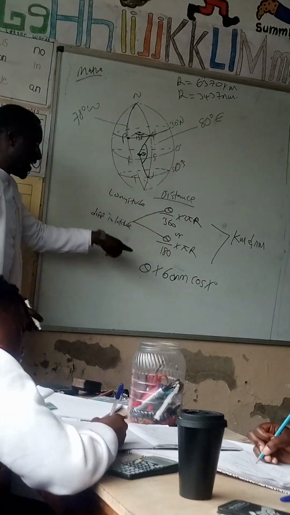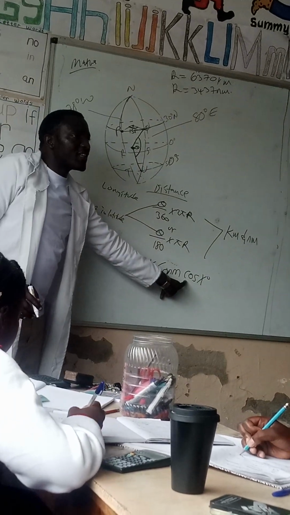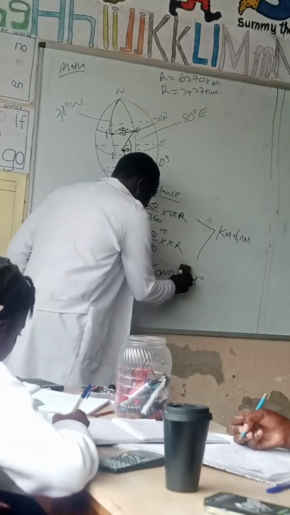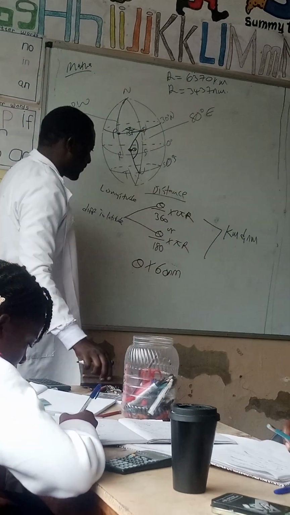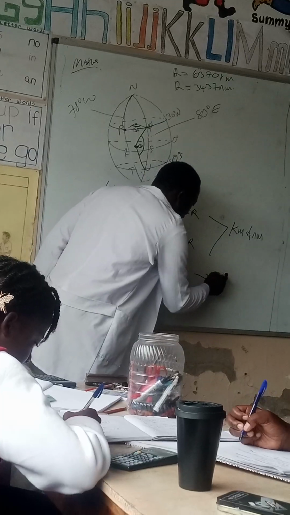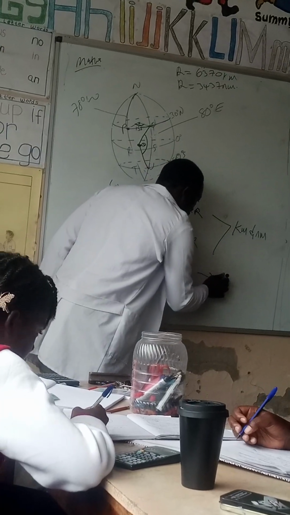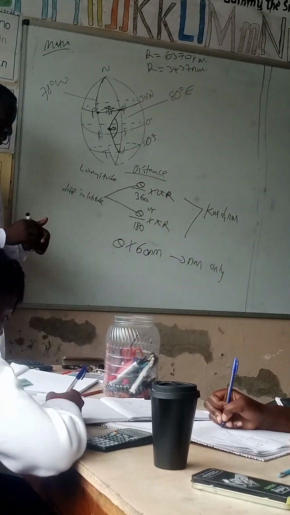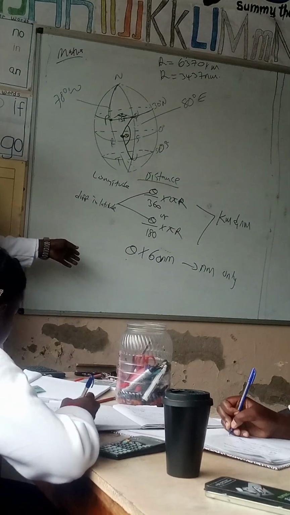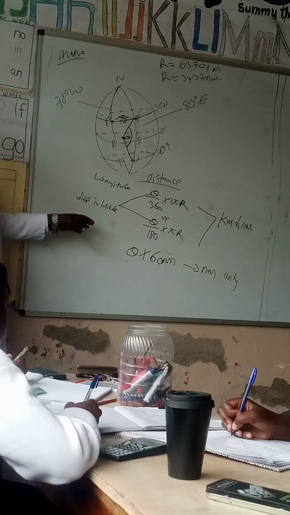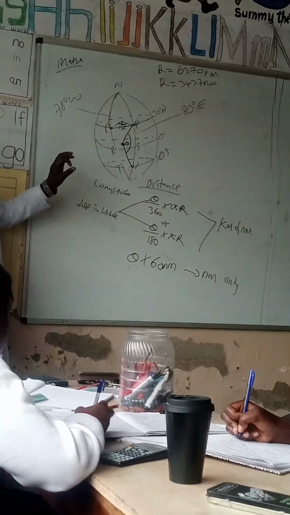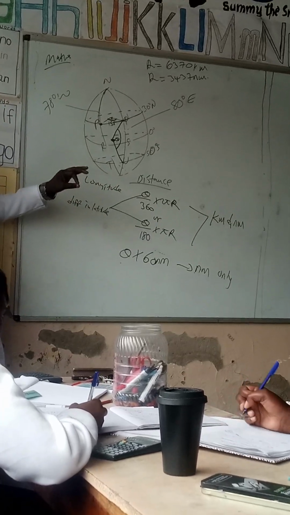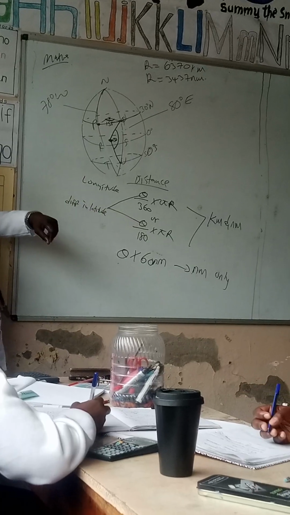But under longitude, you remove cos x. So no need for this cos. This one is used for nautical miles only.